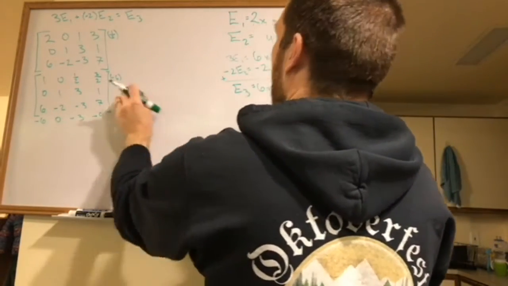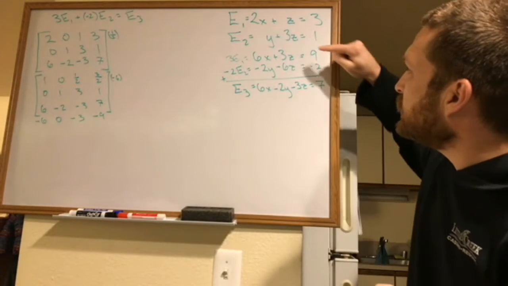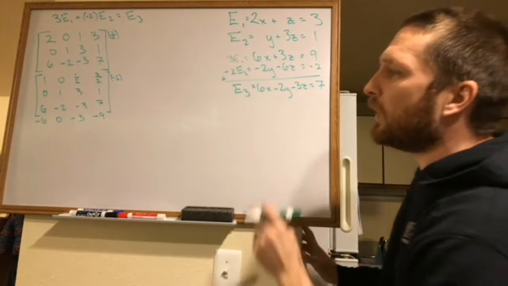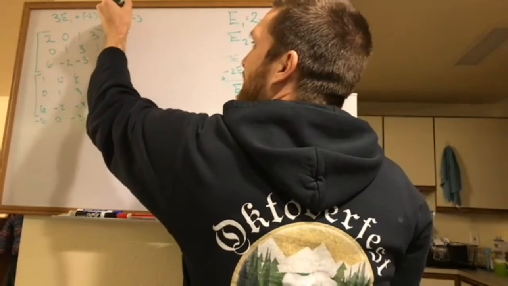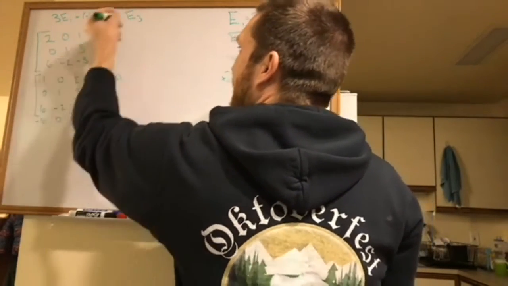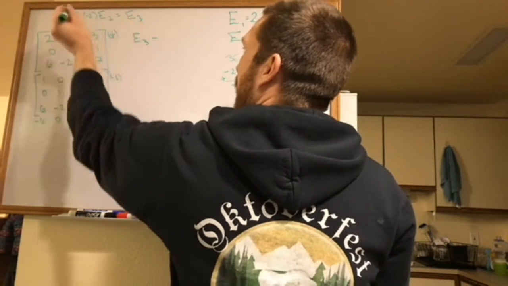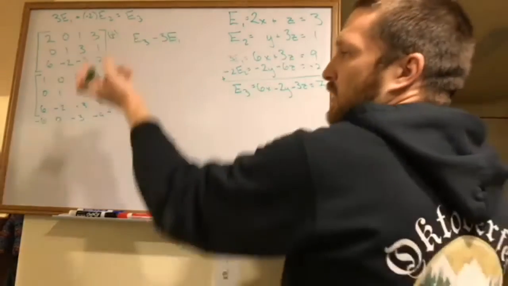Okay, now, does that look familiar? It looks real familiar. In fact, that is negative 3 E1. What I'm doing here, if you notice, is I'm taking the E3 that I have, and I'm subtracting off 3 times E1, right? So what should I have left?